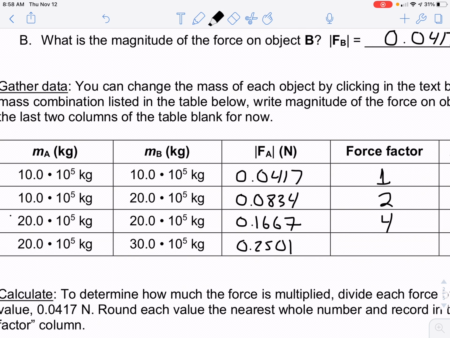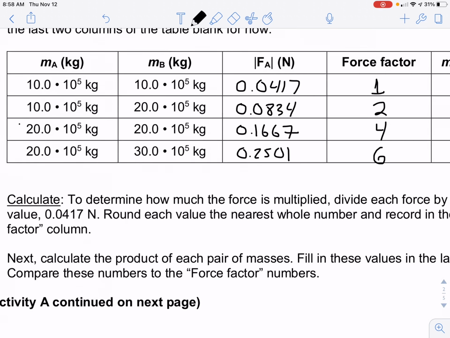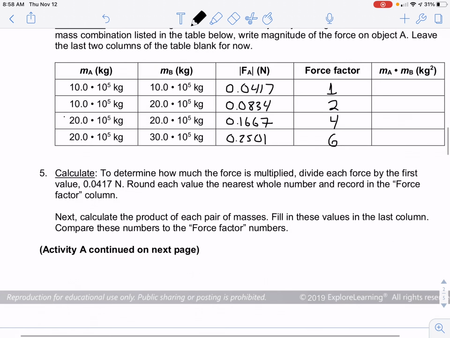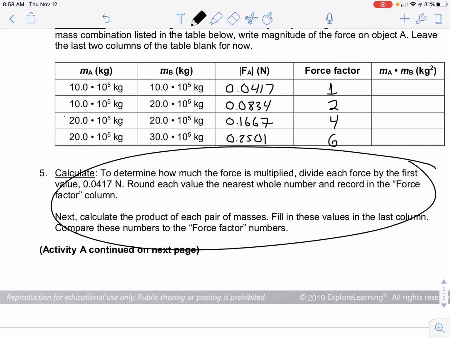So take this value here, divide it by this value here, and you can see that it has gotten 6 times bigger. Okay, and again, the instructions for how to do force factor, if you didn't understand my video explanation, are written right here as well.